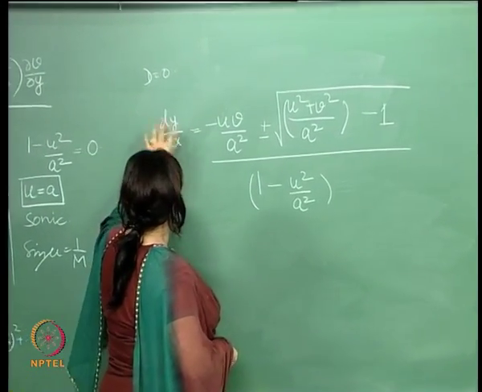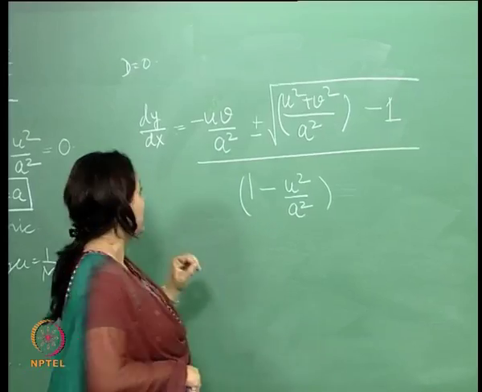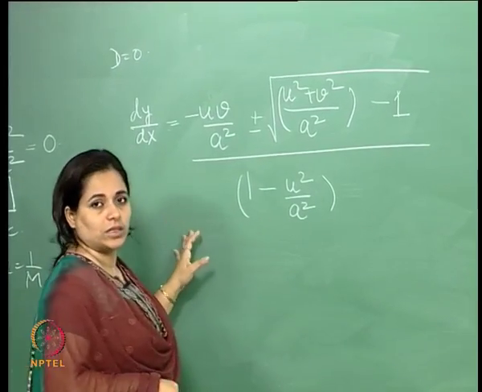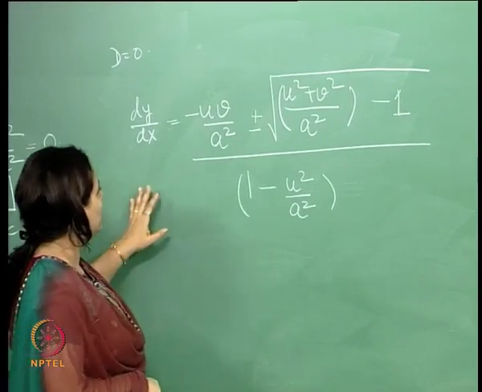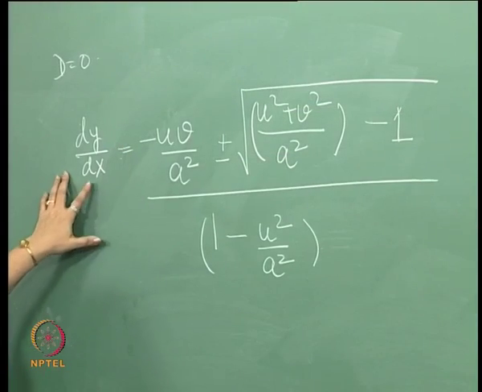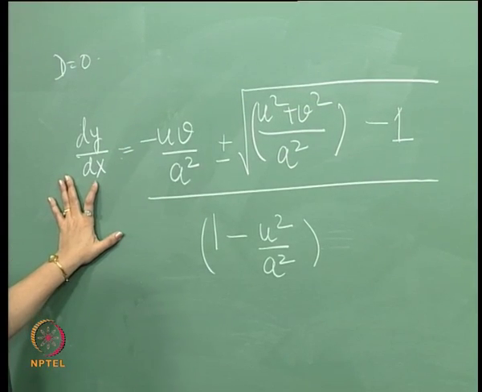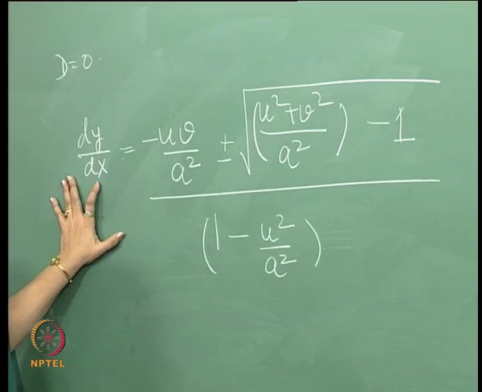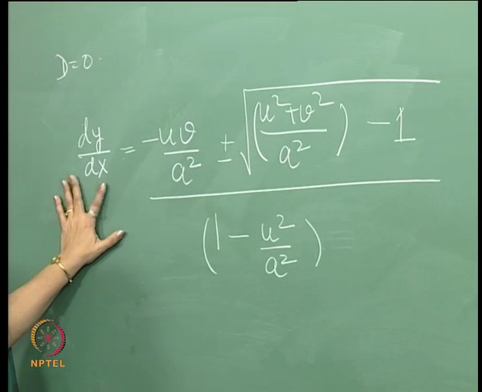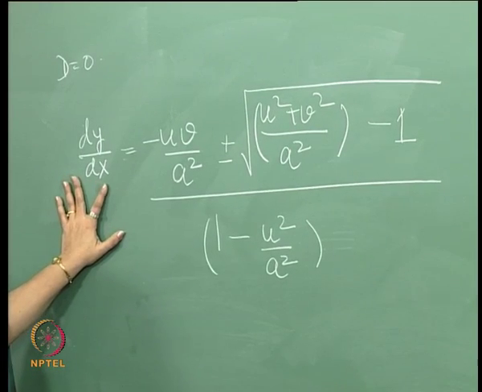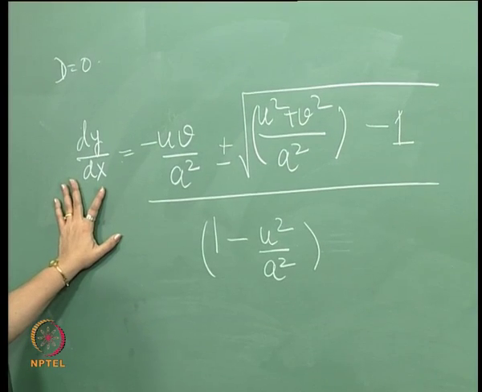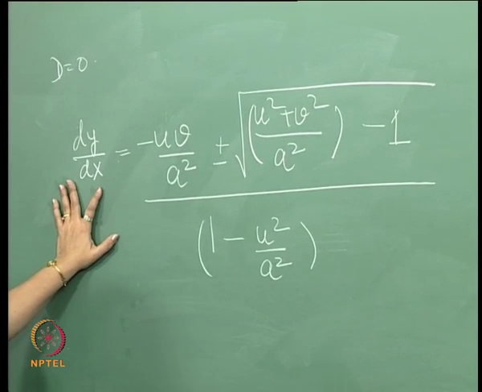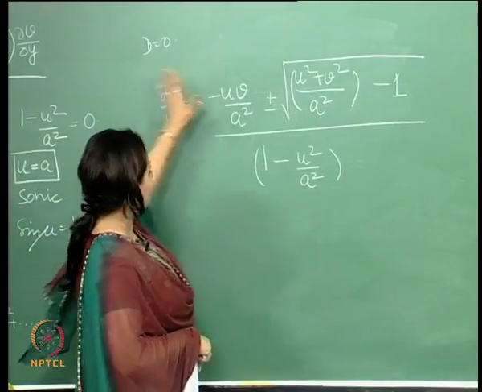So for a particular value of dx and dy, those lines are going to be characteristic lines. So on the characteristic line, dy by dx is essentially giving us the orientation, or how we are going to locate these characteristic lines. Okay, so this is what it is giving us.